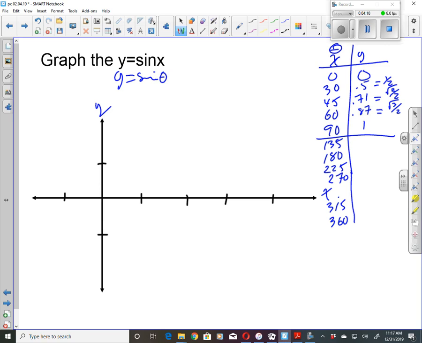Now let's go ahead and finish plugging these in quickly. At sine of 135, you're also going to get root 2 over 2, or 0.71. At 180 degrees, you're going to end up with 0.